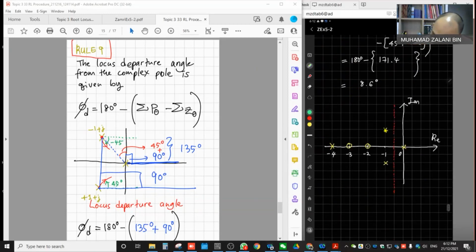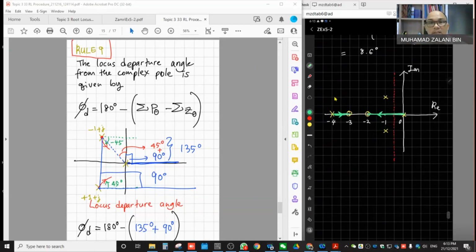So the locus on the real axis start from that one and also that one. So that is the two locus on the real axis. We have found the remaining two poles location at imaginary. So we have already determined the angle of departure.